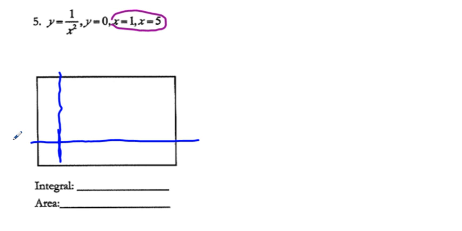The function is going to look something like this. Okay, this is what 1 over x squared looks like. It's going to come down like this. And we're interested between x equals 1 and x equals 5. And so we're interested in this little sliver right here.